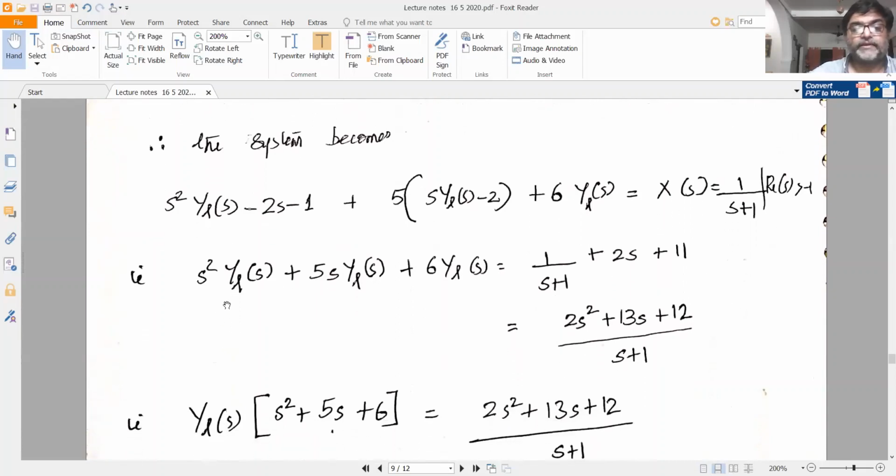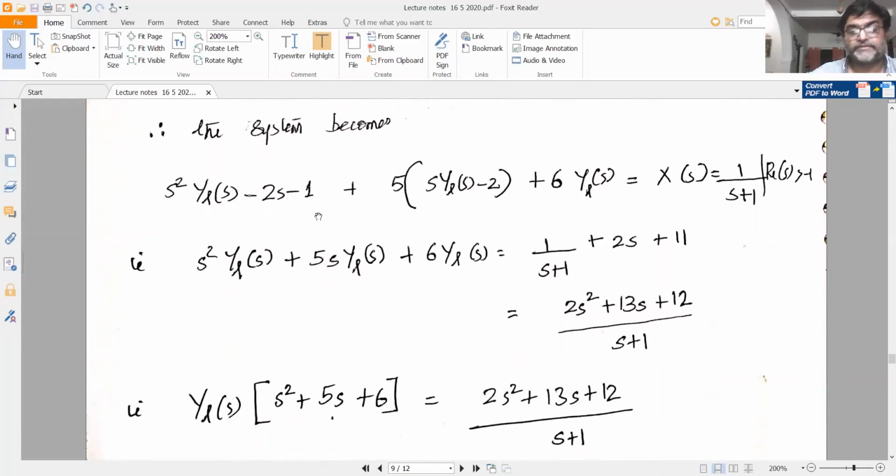So if you rearrange this on the left hand side, you can write this as s squared yl of s plus 5s yl of s plus 6 yl of s is equal to, now I will take all these terms without yl to the right hand side. So this we can write as 1 by s plus 1 plus 2s plus 1 plus 10. So that is 1 by s plus 1 plus 2s plus 11.